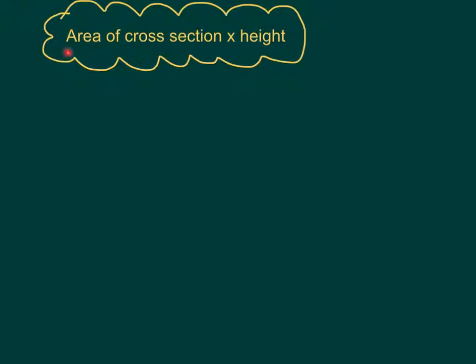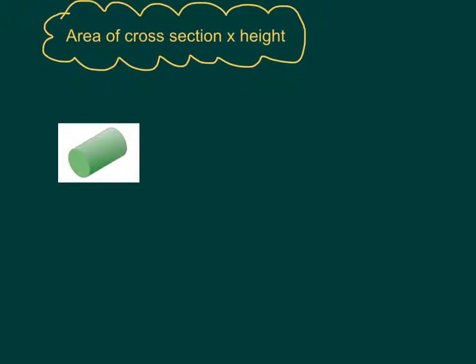Now this formula works for all prisms. For example, a cylinder. Again, it's the area of the cross section multiplied by its height or its length.